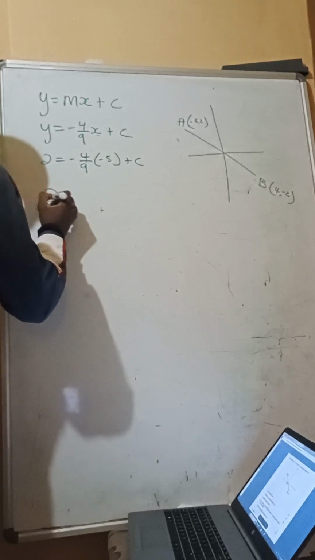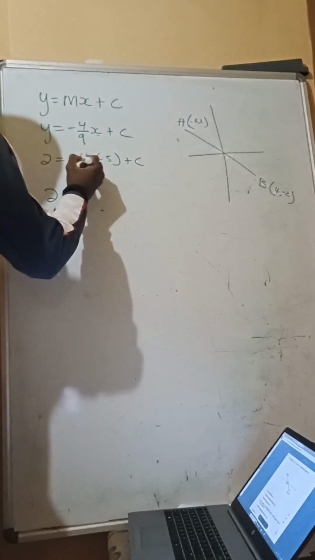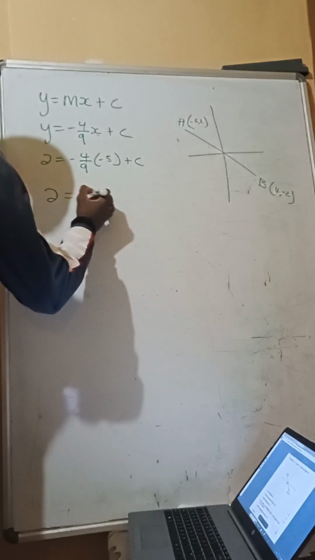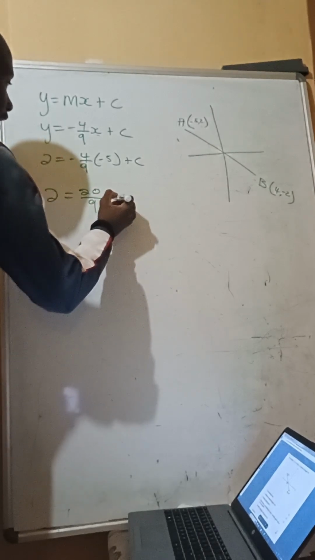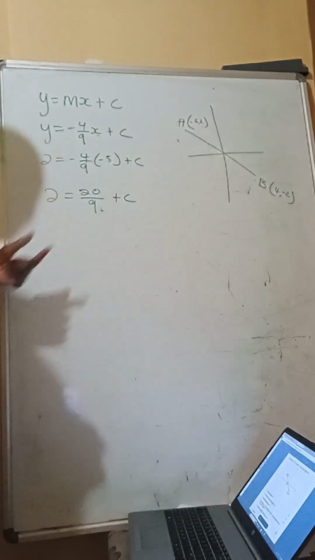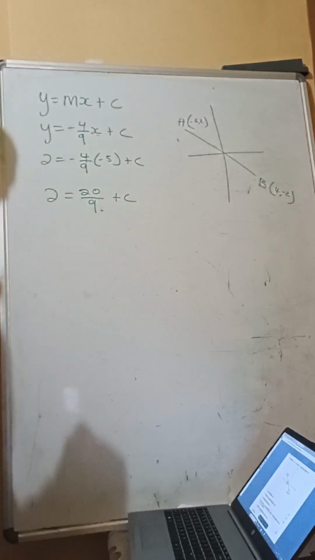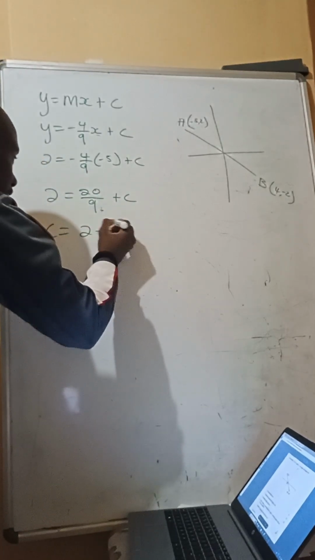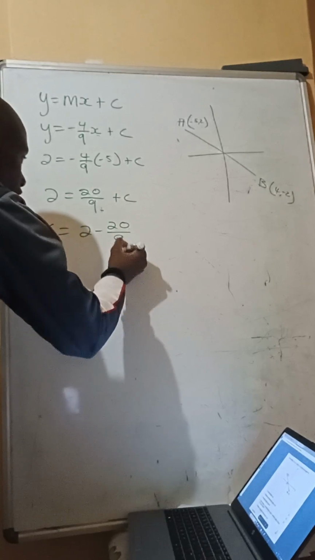So therefore, you're gonna have 2 is equals to minus 4 by minus 5 is gonna be 20 all over 9 plus c. Therefore, I take this one to the other side. I'm gonna be left with c is equals to 2 minus 20 all over 9.